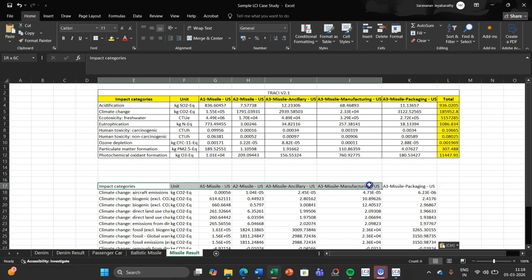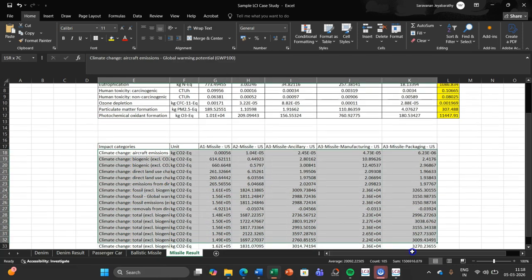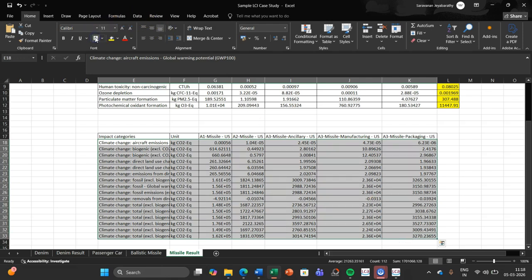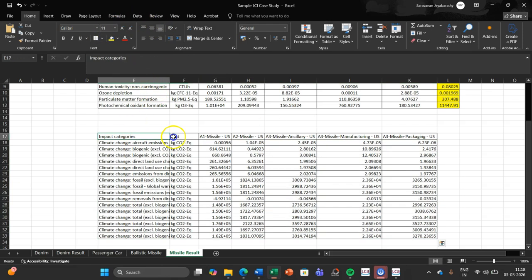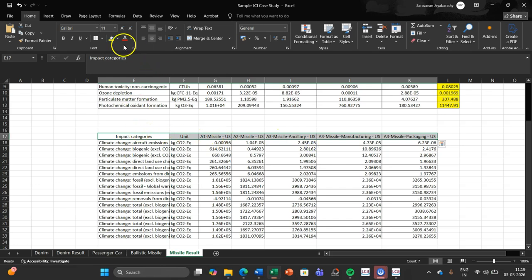They are two different impact assessment methodology packages which are preferred for separate studies. If you are interested only in life cycle assessment based impacts, then you may use Tracy. But when you are concentrating only on the carbon footprint, then it has to be the IPCC method, right?